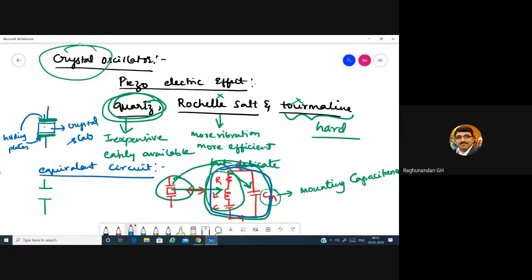For this entire thing, this is the equivalent circuit. For the crystal, RLC is the equivalent circuit. For the capacitance of the holding plates, CM is the mounting capacitance. In the mounting capacitance, this crystal will act like a dielectric medium. Okay. These are some of the basic things.